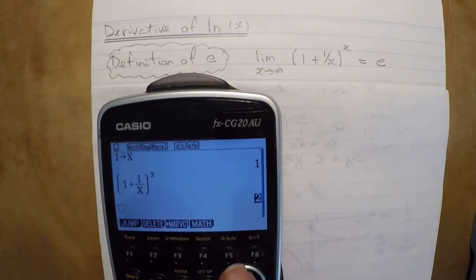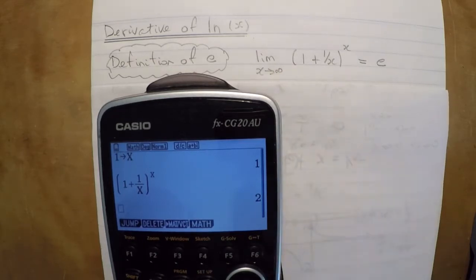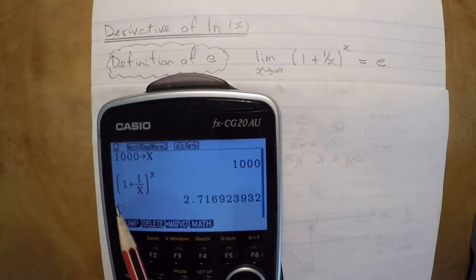Not a very good estimate for e, so the whole point is that x has to approach a very large number. So let's make it approach, say, 1,000. And when we have 1 plus 1 over 1,000 to the power of 1,000, we get 2.716. Now that's starting to look pretty close to e.